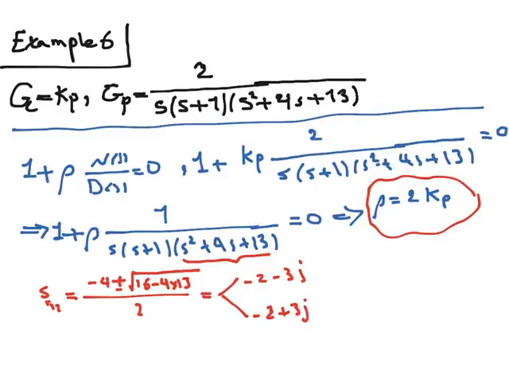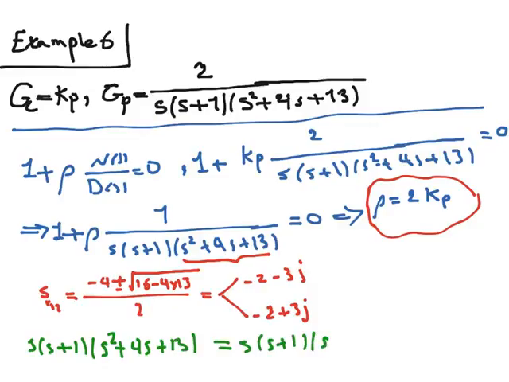Accordingly we can rewrite the denominator s times s plus 1 times s squared plus 4s plus 13 as s times s plus 1 times s plus 2 plus 3j times s plus 2 minus 3j.